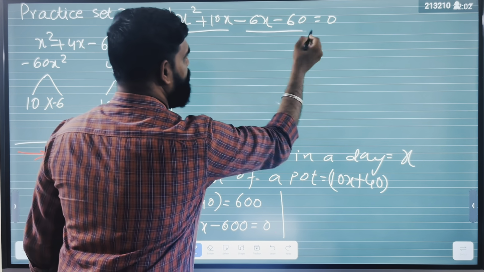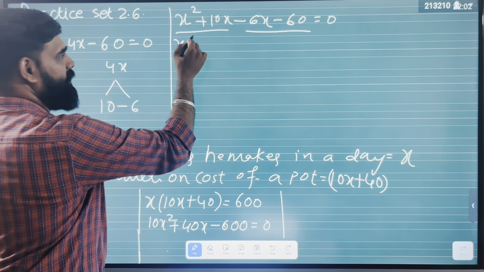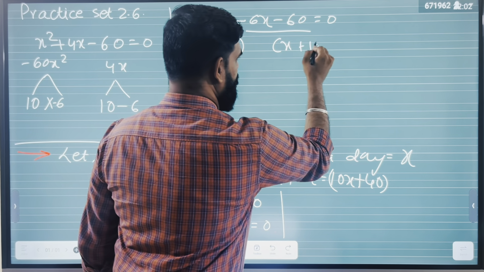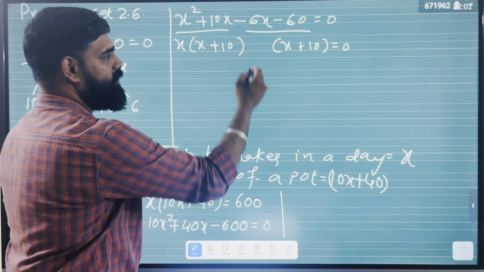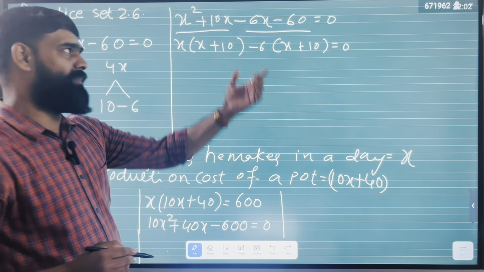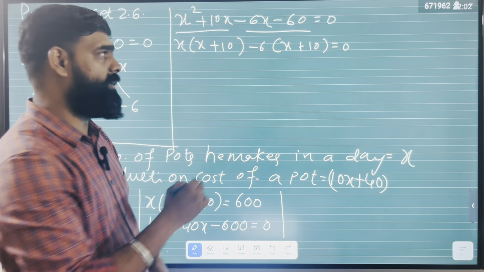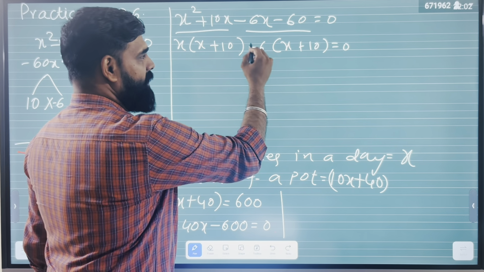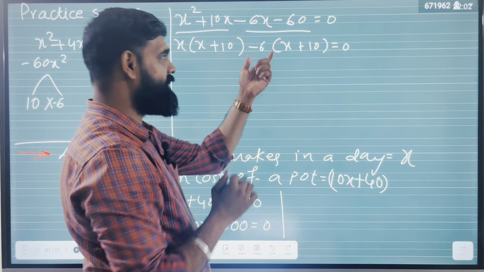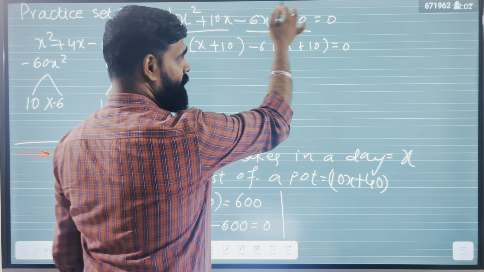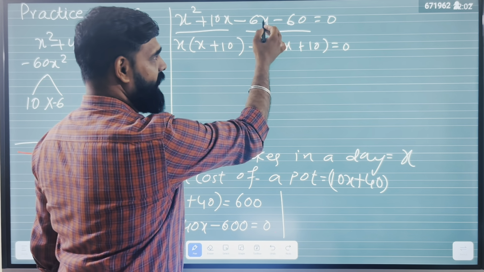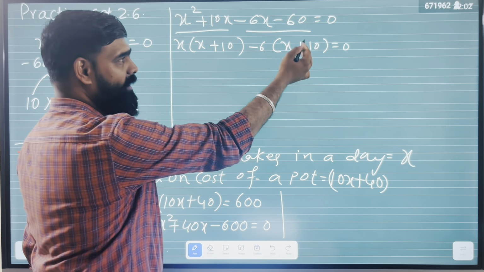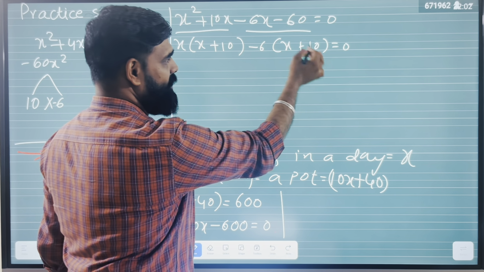We can take x common from the first two terms: x into x plus 10. Then we can take minus 6 common from the last two terms, which leaves x plus 10; multiplying minus 6 with the bracket gives minus 6x and minus 60.